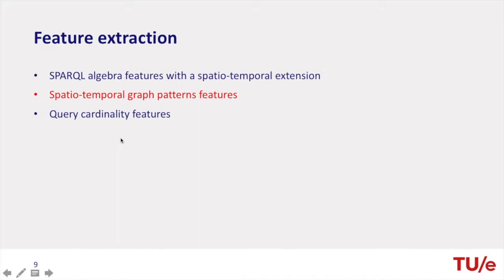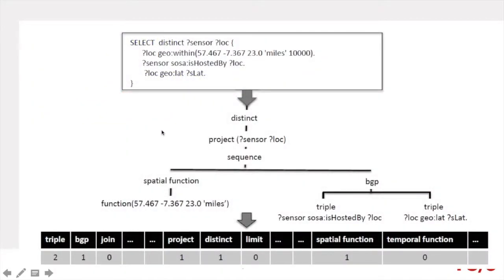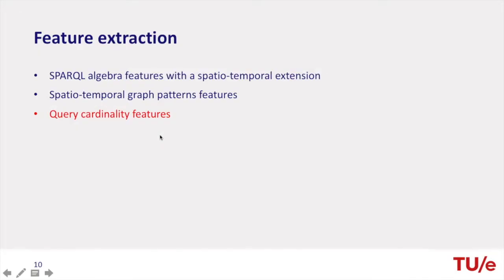The last but not least is the query cardinality features. This one is just like the normal cardinality predictions, as you may consider that a different cardinality amount may give a different result in two exactly the same queries.